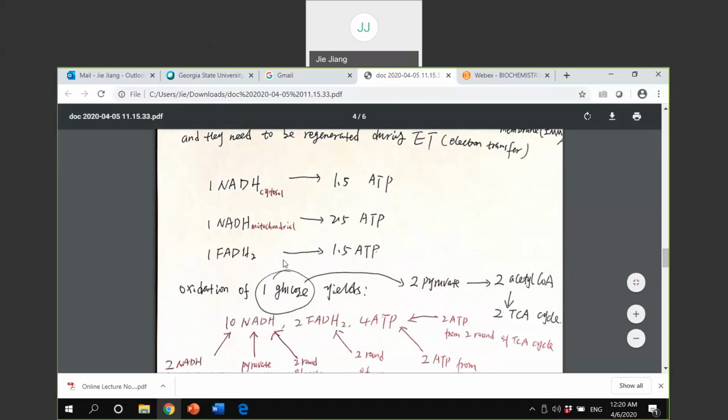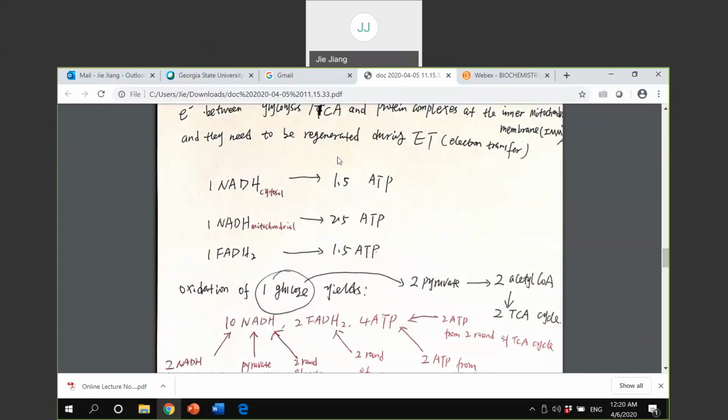One FADH2, also in the mitochondria, will generate 1.5 ATP. So be able to differentiate: when NADH is located in a different position of the cell, it will generate a different amount of ATP. So be careful.